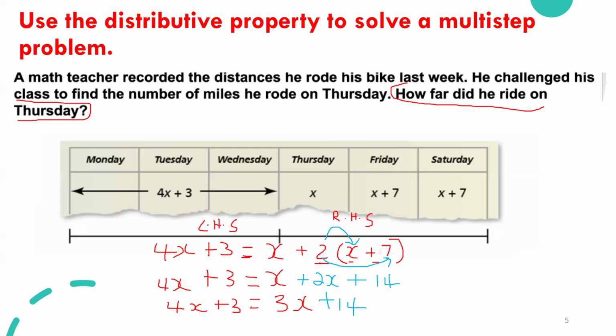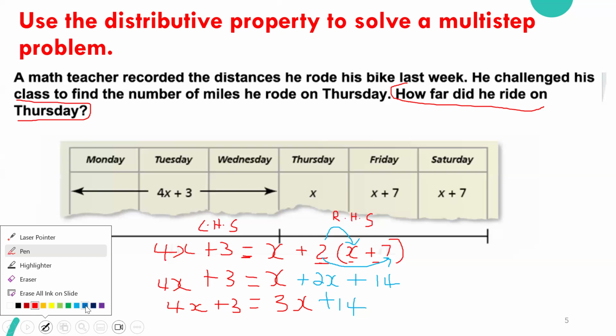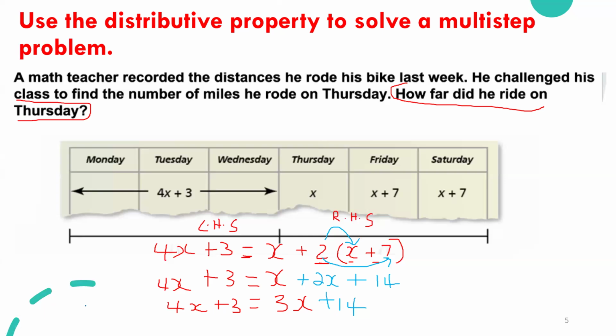But in order for us to do that, we need to do what we call inverse operation. Inverse operation says whatever is happening, you do the opposite. So here we have a positive 3x plus 14. In order for us to get rid of the 3x, we need to do the opposite of addition, which is subtraction. So we are going to subtract 3x from here.